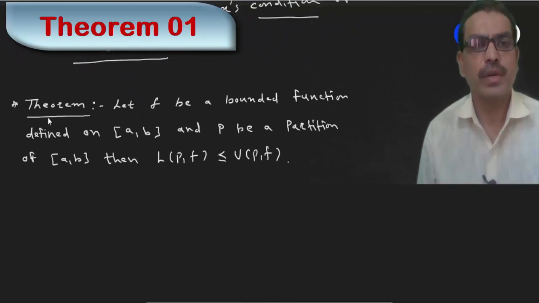Let us say one theorem. In this theorem, function f is a bounded function defined on the closed interval [a, b], and P is a partition of the closed interval [a, b]. Then we prove that the lower Darboux sum is less than or equal to the upper Darboux sum, also read as lower Riemann sum is less than or equal to upper Riemann sum.